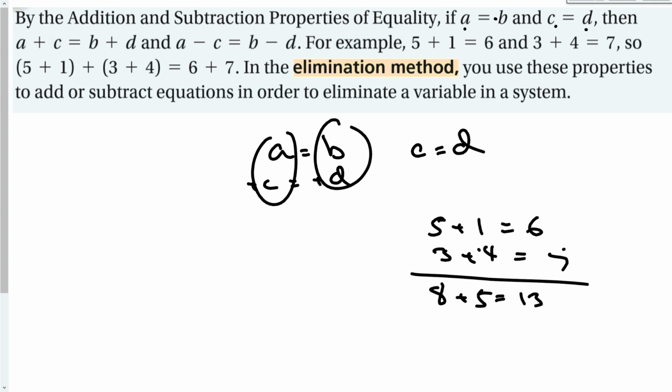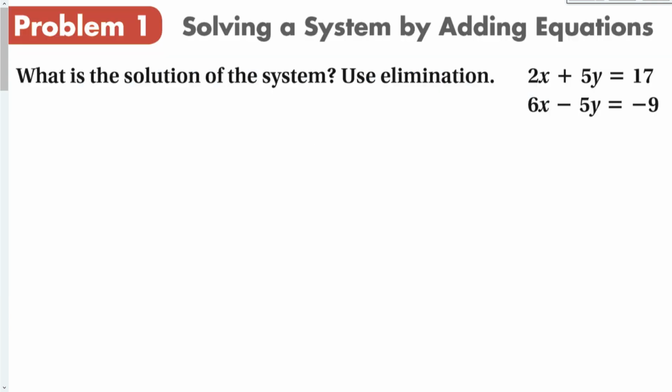With substitution, my goal was to get an equation with only one letter by replacing one letter for a different letter. In the elimination method, when I look at these coefficients right here, 2, 5, 6, negative 5, none of these variables are easy to get to be just the letter, just the variable.